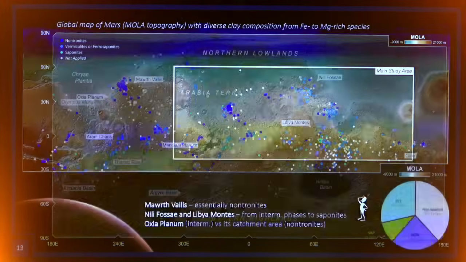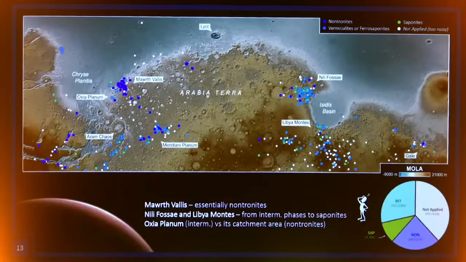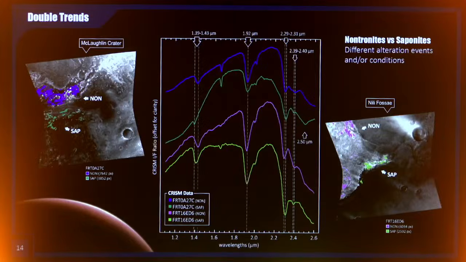So this is just to zoom in. Sometimes you can say Mawrth Vallis is essentially nontronite, Martian Mawrth-Vallis-like clays, and Oxia, for instance, has intermediate phases. With this methodology, we are also able to recognize some double trends.